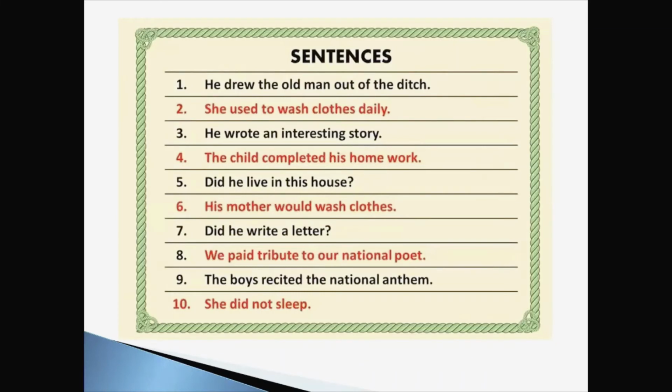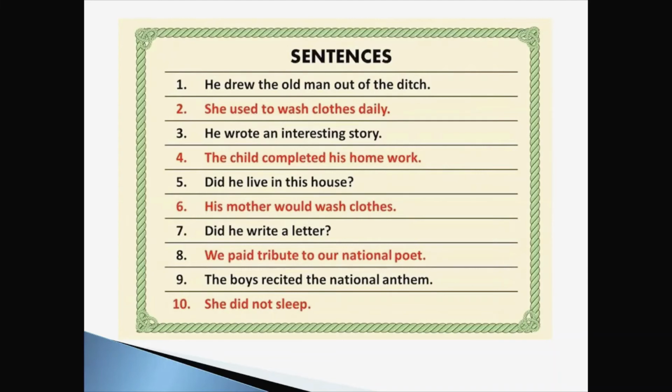See the example sentences now. First one: he drew the old man out of the ditch. That means he helped the old man out of the ditch. Think and comment below. Second one is, she used to wash clothes daily. That means maybe she is not washing them now.